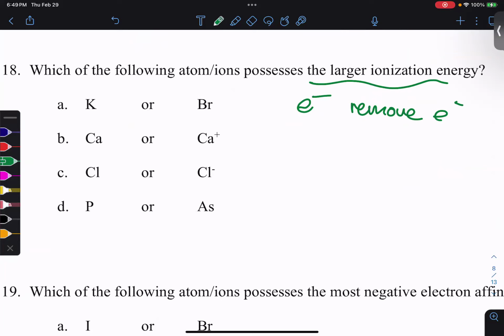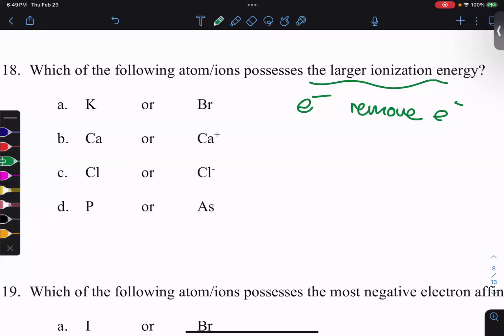If your dragon is hoarding all of the electrons under its wings, real hard to snatch one of them electrons. But if your electrons are just floating off very far away from your nucleus, very easy to take one off, right? So what are we really looking for here? Which one is smaller? Yeah, that's essentially the question you're answering, okay.